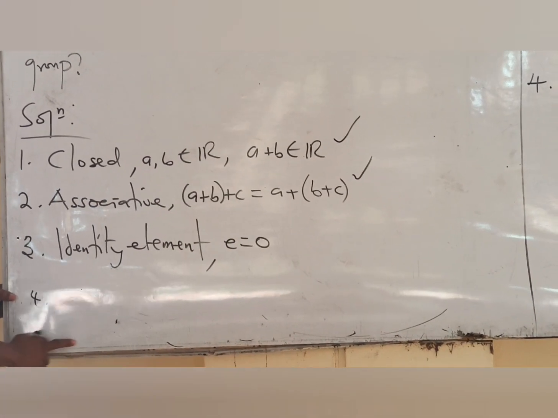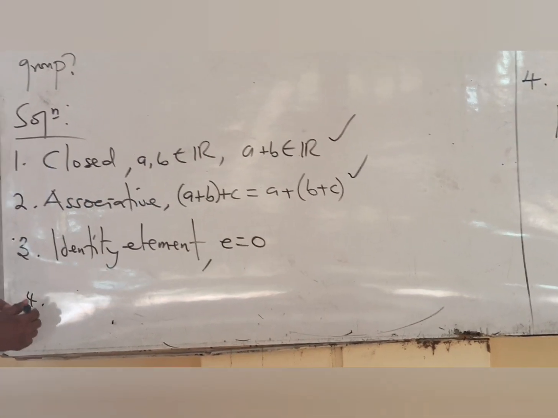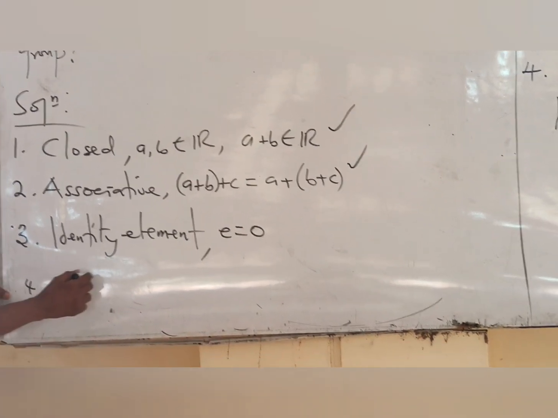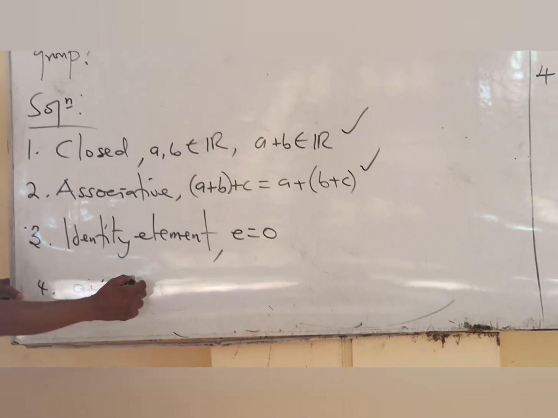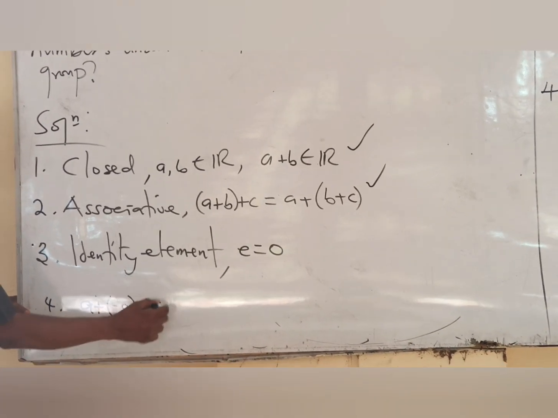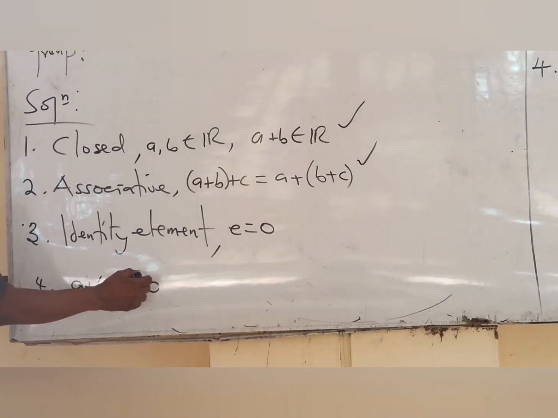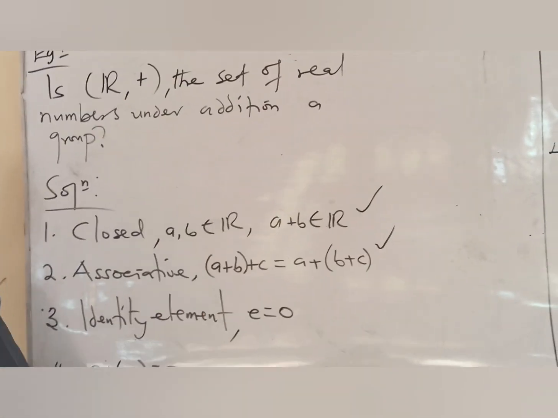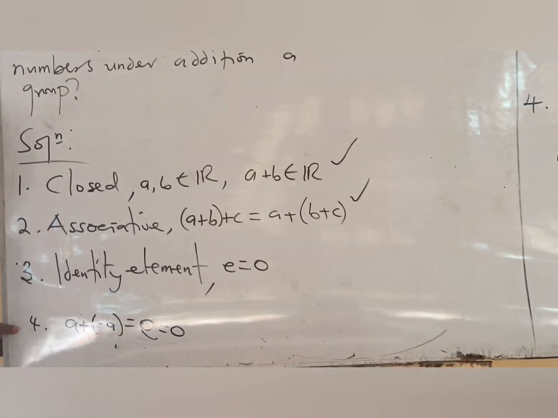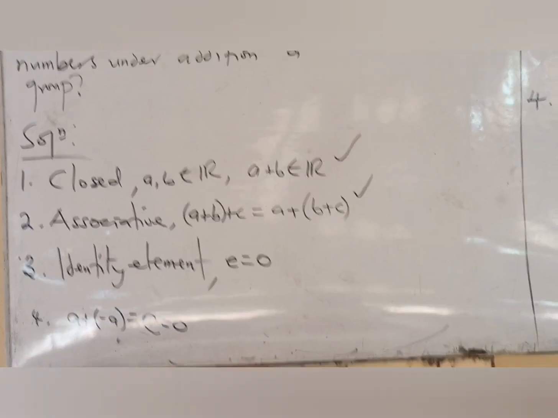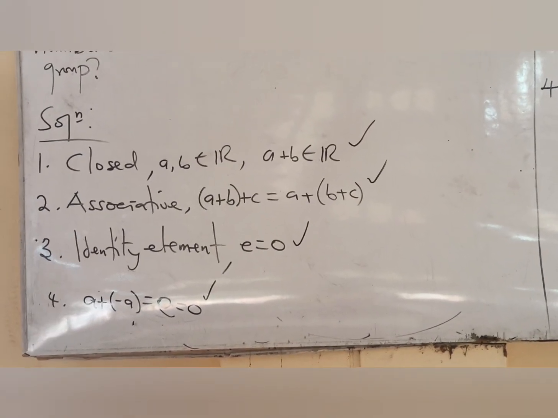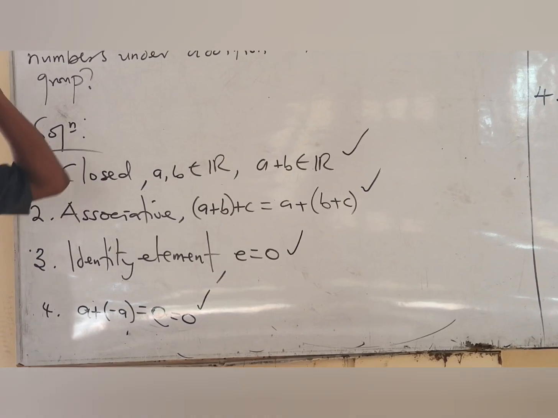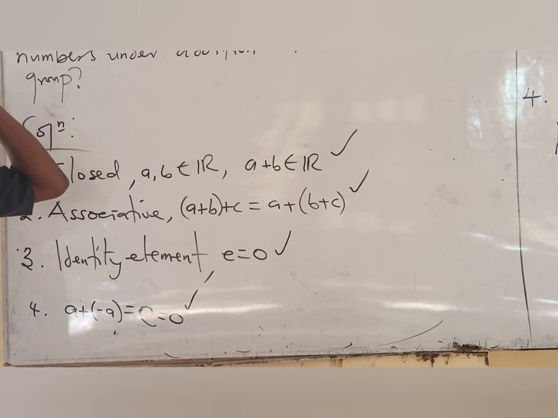Yes. If you take A and add its negative, you get zero, the identity element. Is there any number without an inverse? No, sir. There's no such number.